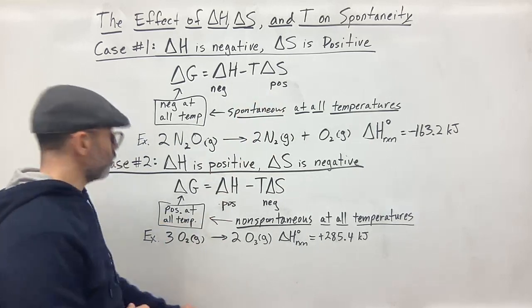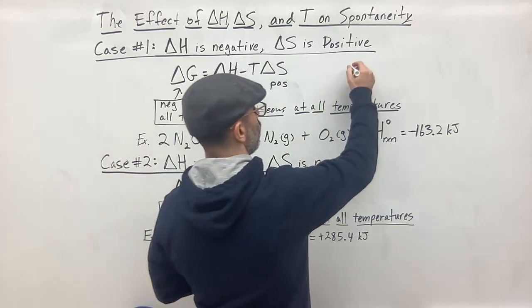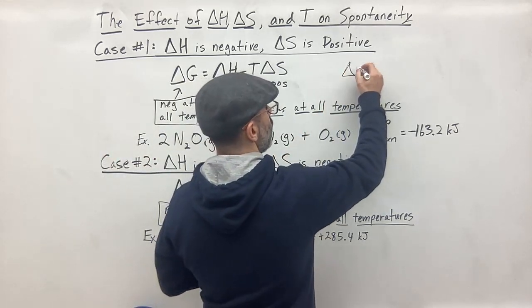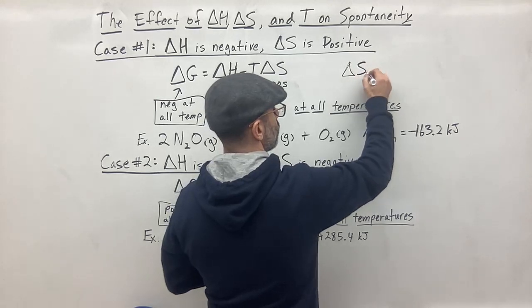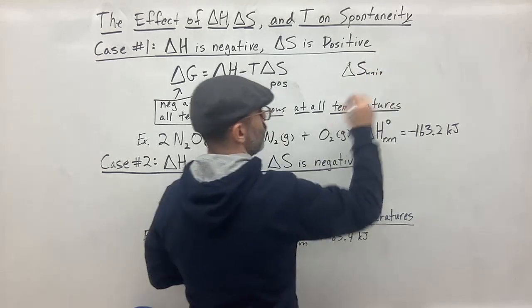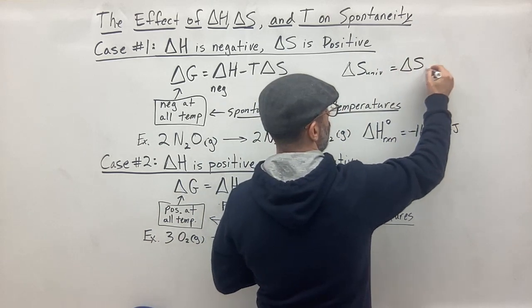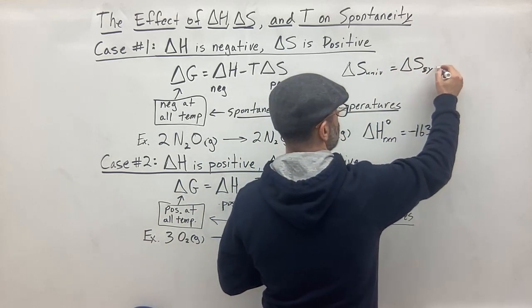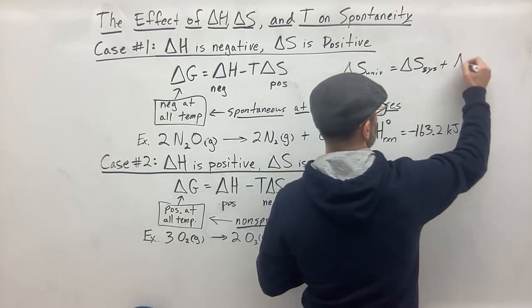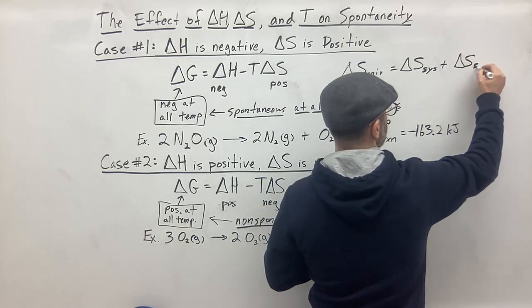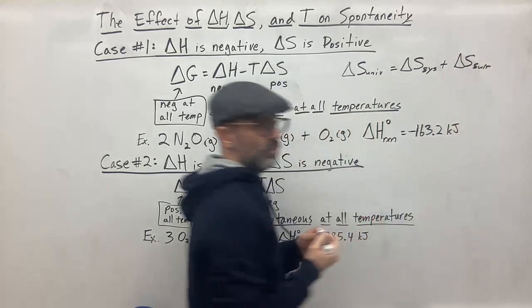And remember, let's also remind ourselves that the entropy of the universe, right? The entropy of the universe is equal to the entropy of the system plus the change in entropy of the surroundings.